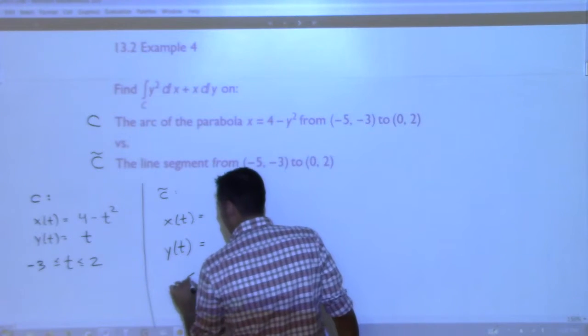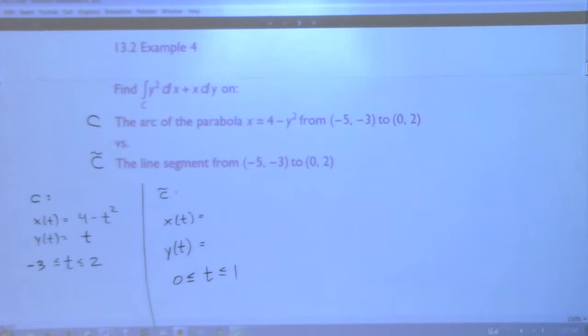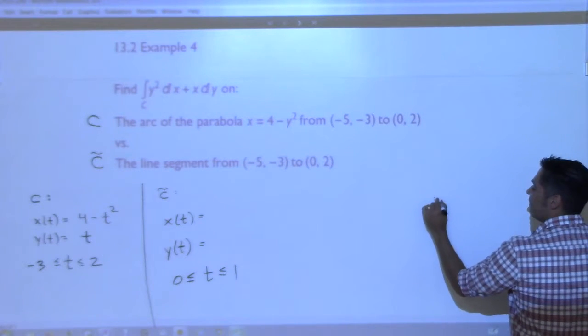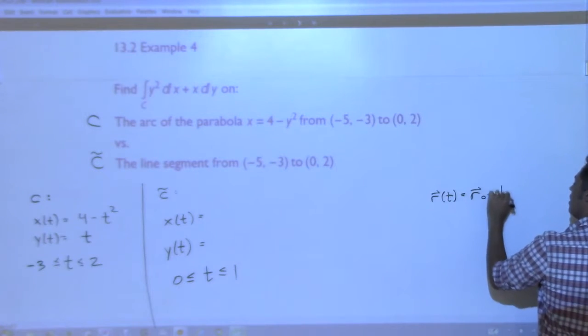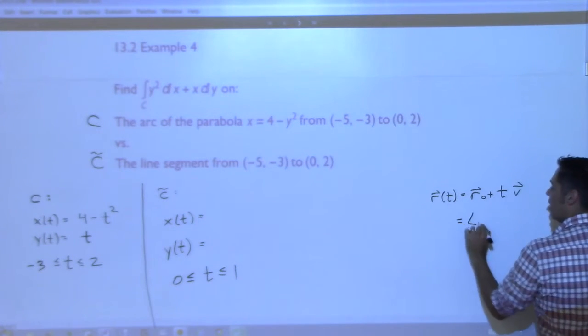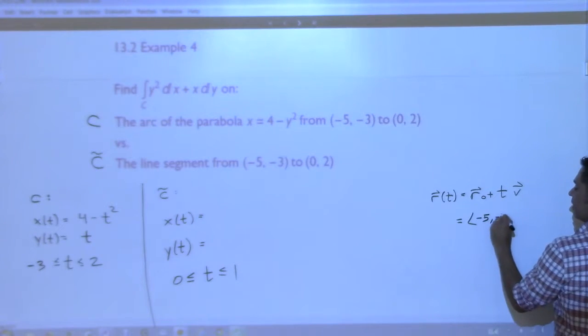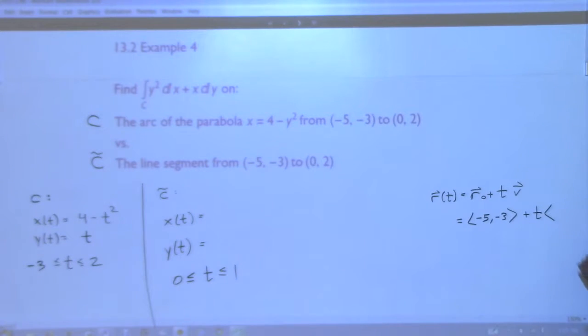I can tell you right now t is going to go from 0 to 1 because it's a line segment, right? So let me just do it real quick on the side here. My r of t equals r naught plus tv. So r naught is what? -5, -3, and then plus t times my direction vector, 5, 5, right?